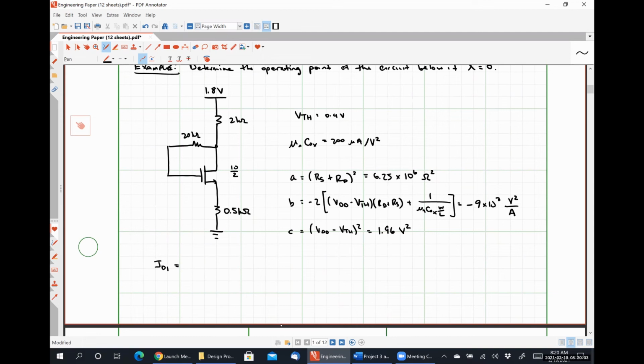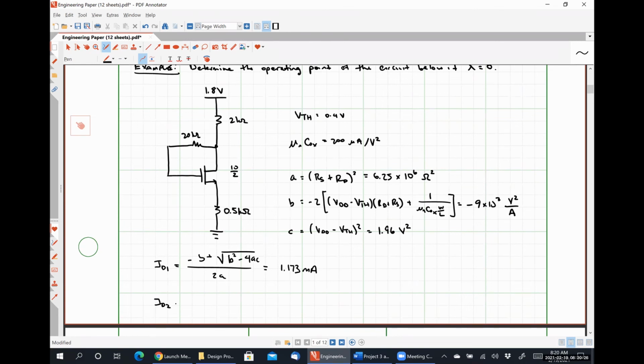So if we use our quadratic equation, we're going to get two results. ID1 is going to be when we have negative B plus the square root of B squared minus 4AC all over 2A. And I get 1.173 milliamps.